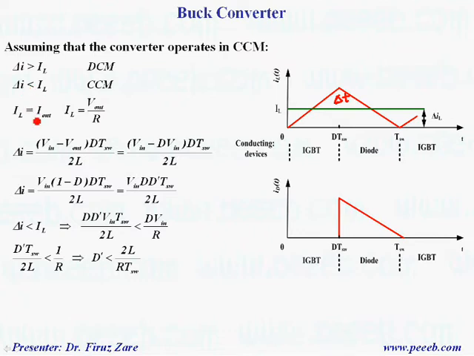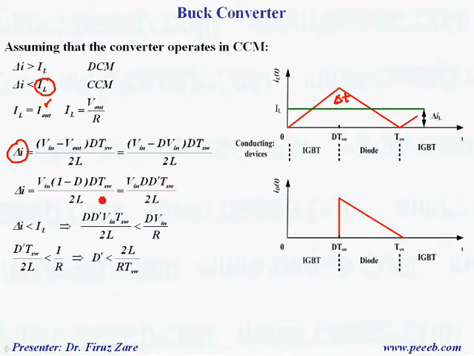Because we can find the current through the inductor, that means the current through the DC part equals the output current, and output current is output voltage over resistor. So we can put it into this equation, and we found delta I before, which is basically V in minus V out over 2L times D Ts. We just need to simplify the equation, and here we can see that if delta I is less than the inductor current, the DC part, then the system operates in continuous conduction mode.